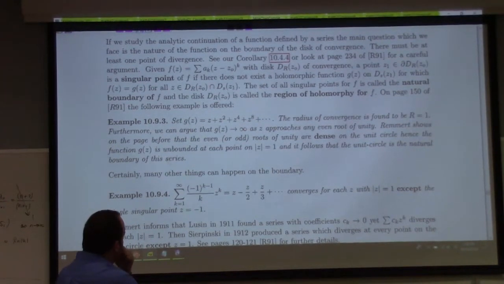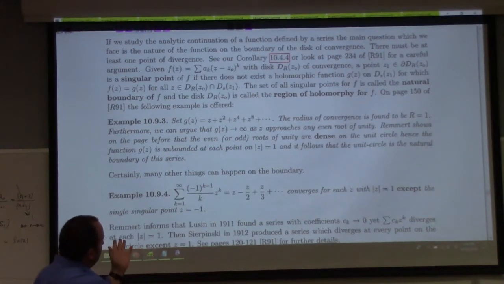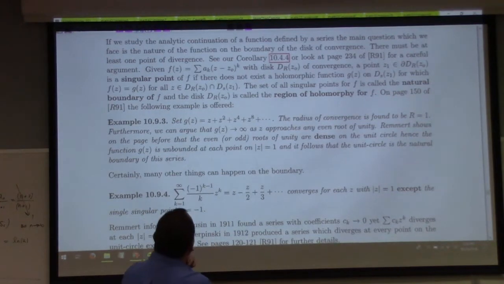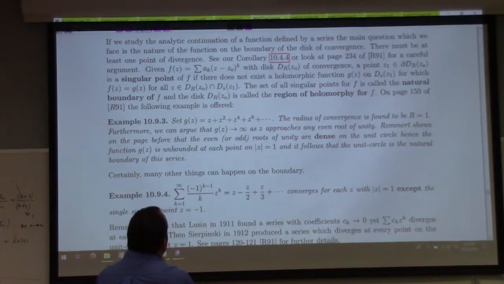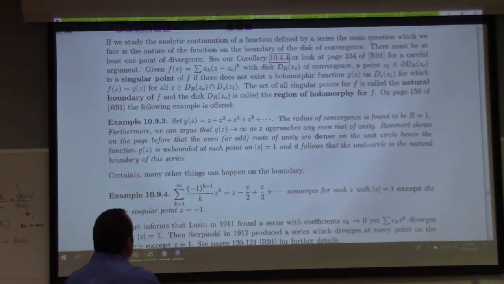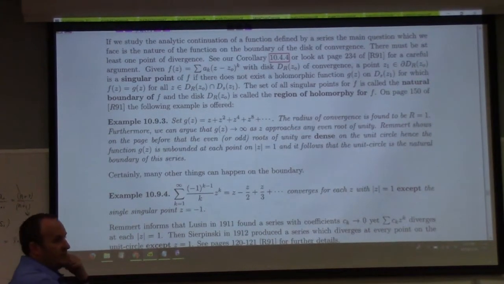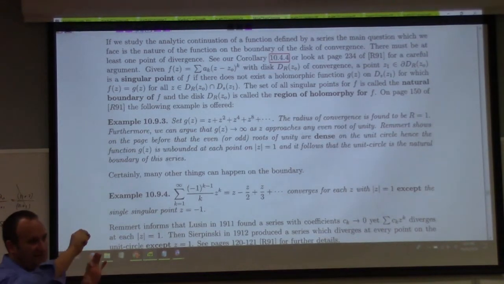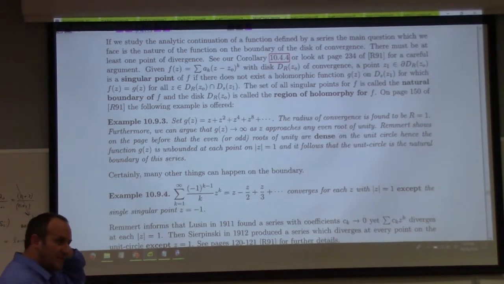And if we put an even root of unity, then those all power to 1. And you can argue that the even roots of unity are dense on the unit circle. So that means that this function's unbounded at each point on the unit circle, and it follows that the unit circle is a natural boundary of this series. If you were to try to analytically continue the function defined by that series past the edge, you couldn't do it. You get stuck on this natural boundary.